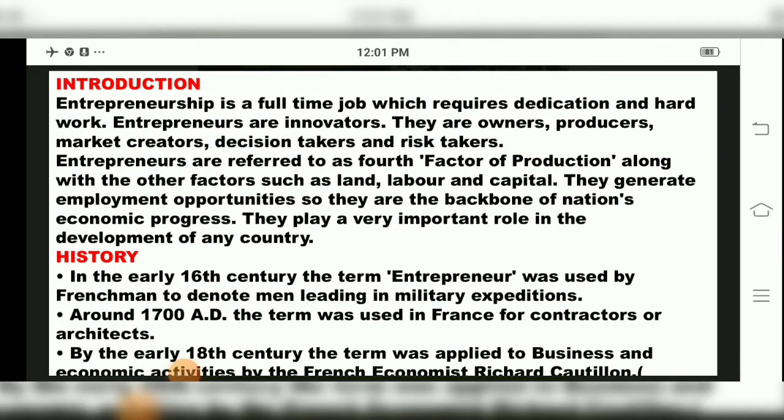What the introduction of this chapter tells us is that entrepreneurship is a full-time job which requires dedication and hard work. So entrepreneurs are what, children? Innovators. They are owners, producers, market creators, decision takers, risk takers. So see, children, without risk nothing is possible.